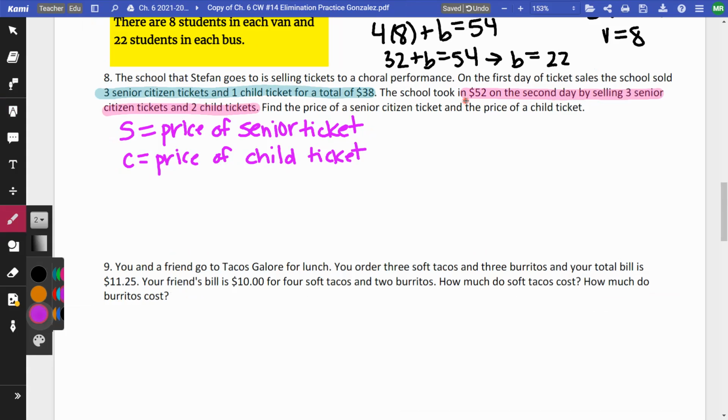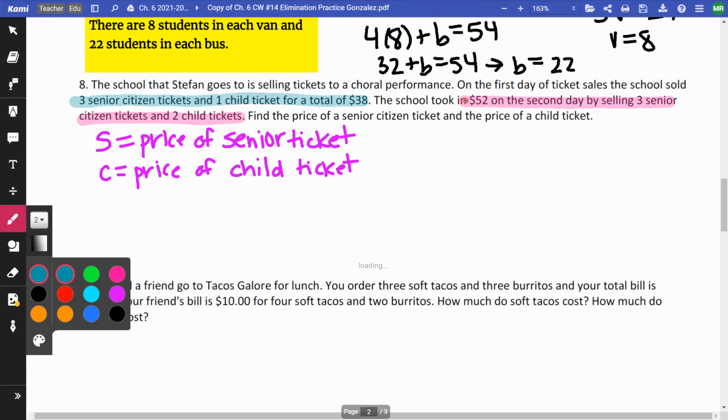So for my first equation, I'm going to have 3S plus 1C, or just C, because it's one child ticket, is equal to $38.